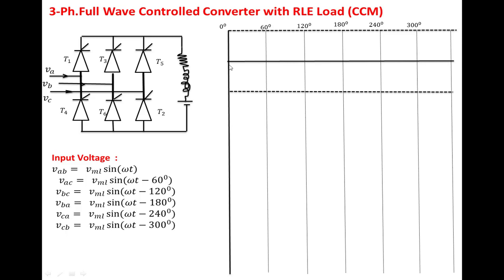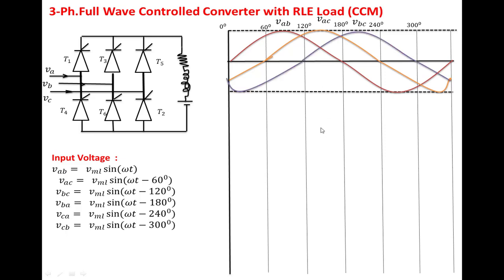Now you draw one sine wave with a starting point 0 degrees, that is VAB. Now draw one more sine wave with a starting point 60 degrees, that is VAC. Now draw one more sine wave with a starting point 120 degrees, that is VBC, and one more sine wave with a starting point 180 degrees, VBA.